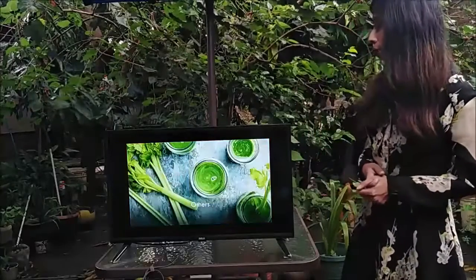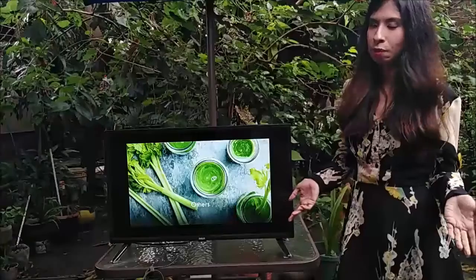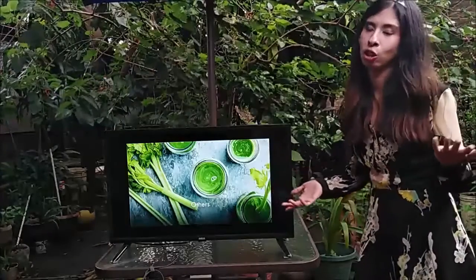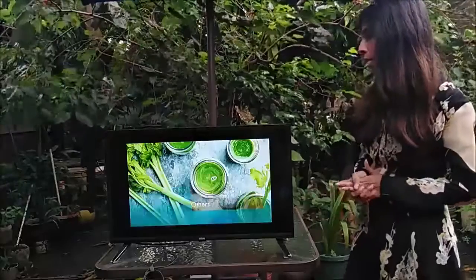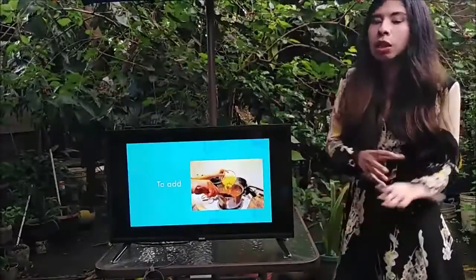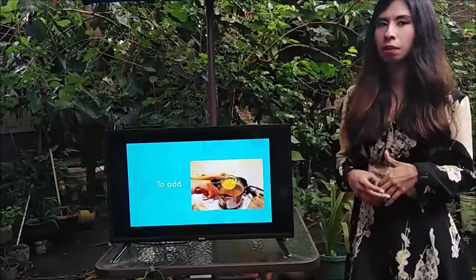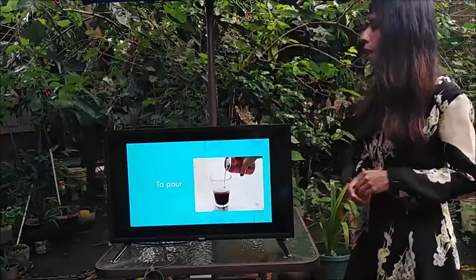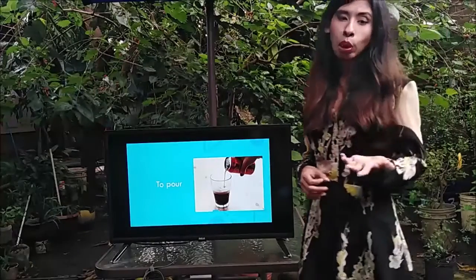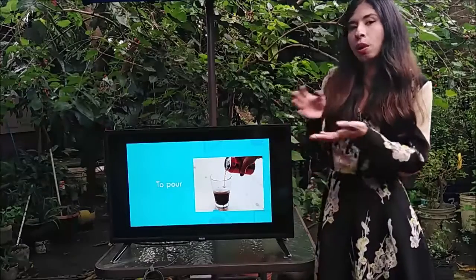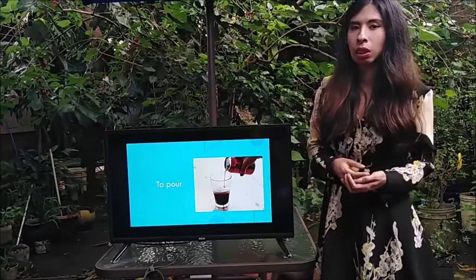Then we have other cooking verbs, right, that do not require special kitchenware. For example, we have to add. To add is just to integrate two or more elements into one single preparation. Then we have to pour. To pour is whenever we are integrating a liquid, right?